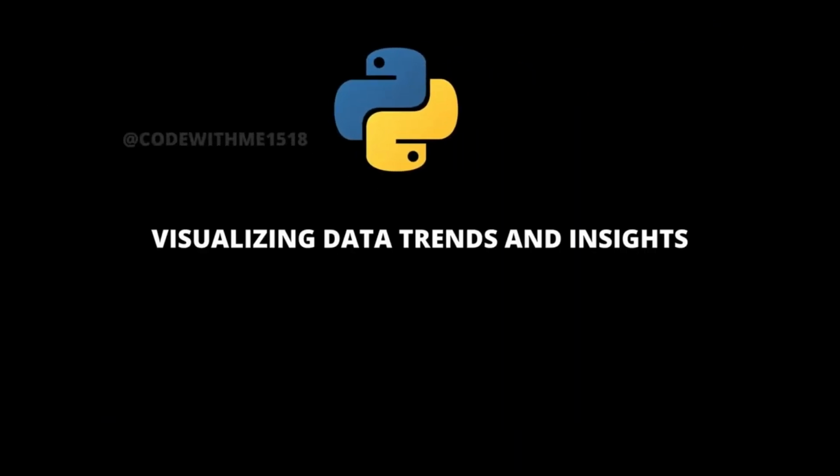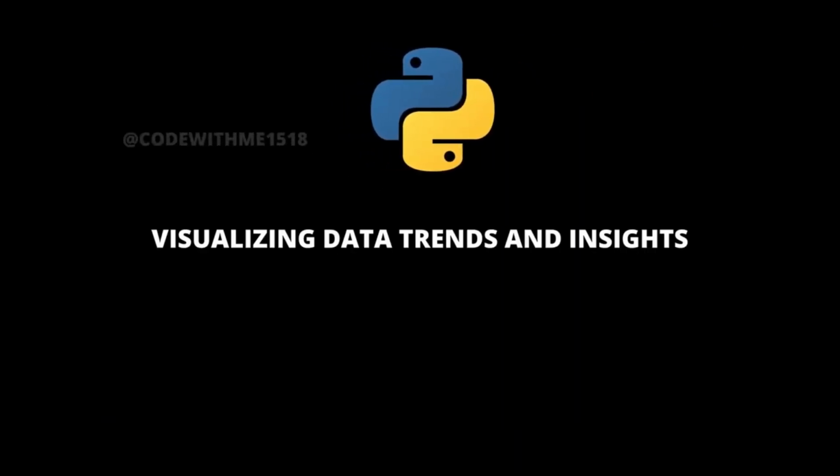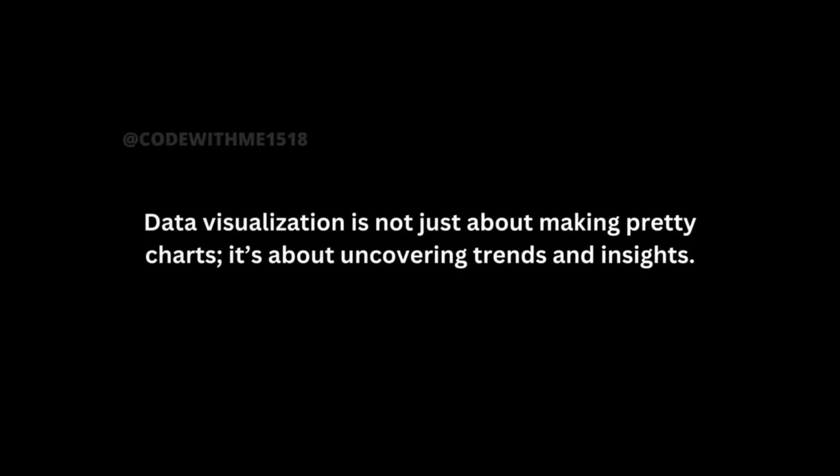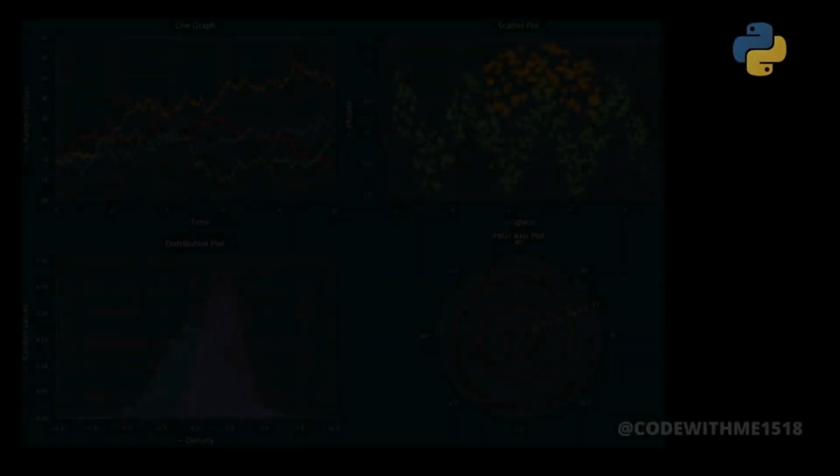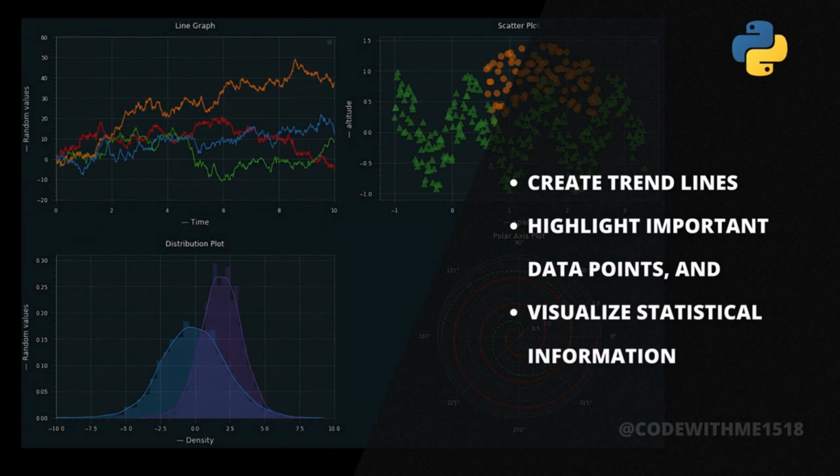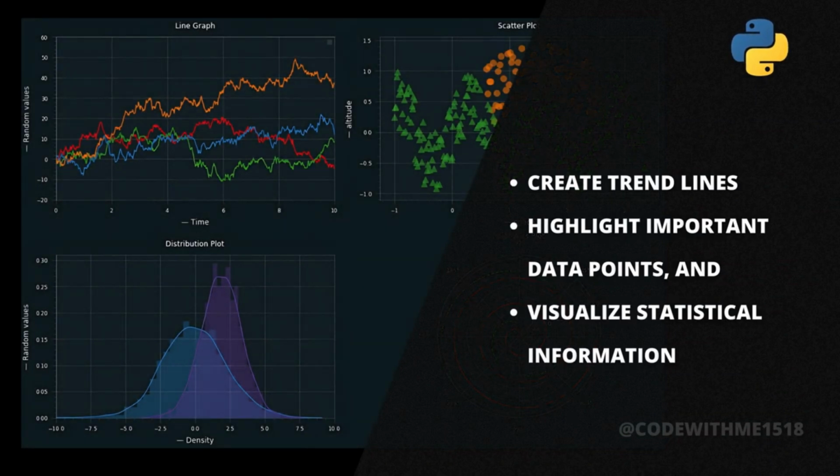Data visualization is not just about making pretty charts, it's about uncovering trends and insights. Let's explore some techniques to visualize data trends. You can use Matplotlib to create trend lines, highlight important data points, and visualize statistical information.